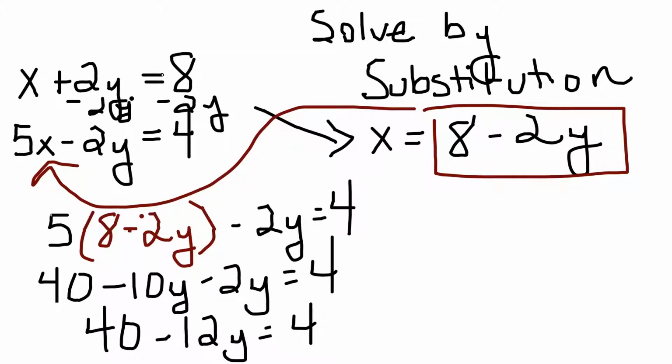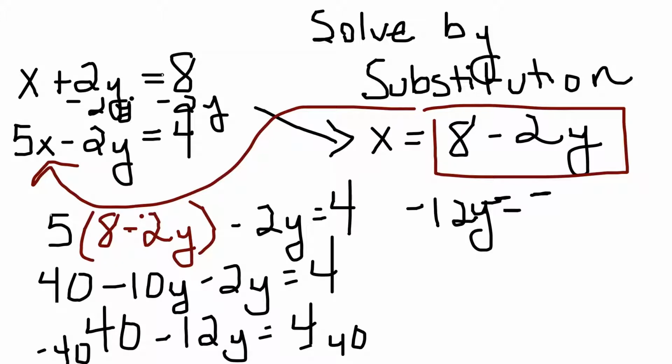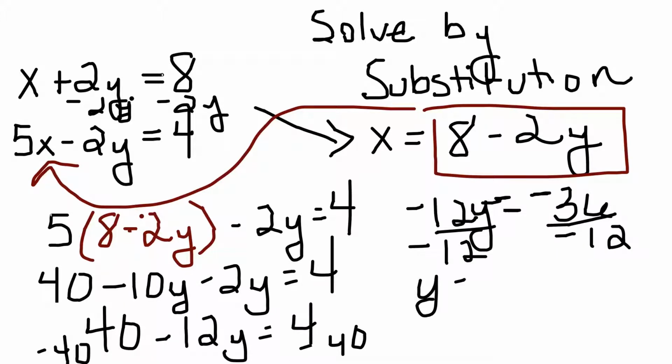And then I subtract 40 on both sides. And I'm going to end up with negative 12y equals negative 36. So then when I divide by negative 12 and divide by negative 12, y is going to equal 3.